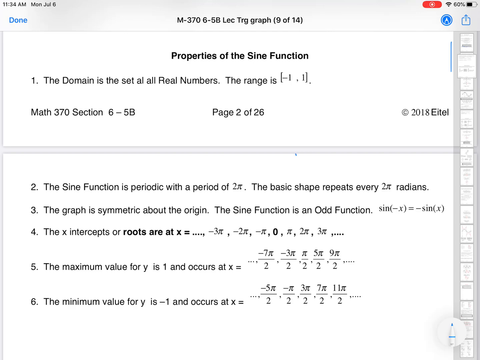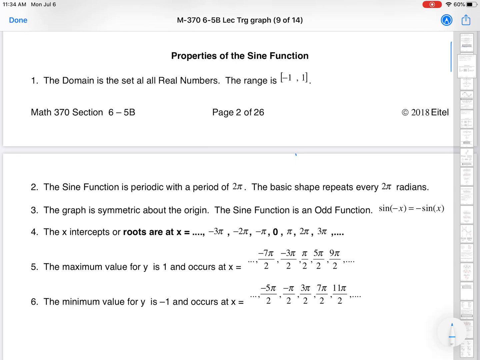It's going to have a maximum value at the pi over 2 reference angles, and a minimum value at -1 occurring at these pi over 2 reference angles. And so a lot of information right there.